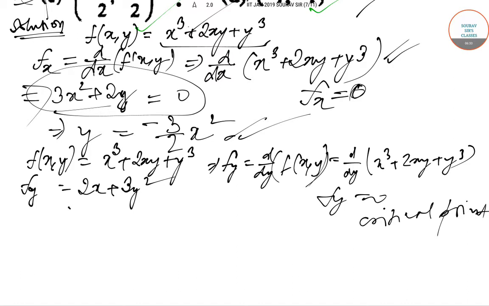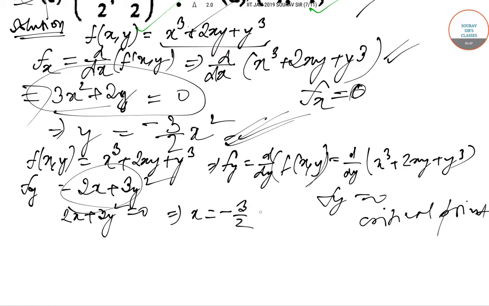We have got fy equal to 0, fx equal to 0, and we've got a value of y. Now putting fy equal to 0, we will get 2x plus 3y square equal to 0. So x would be minus 3 by 2 y square.